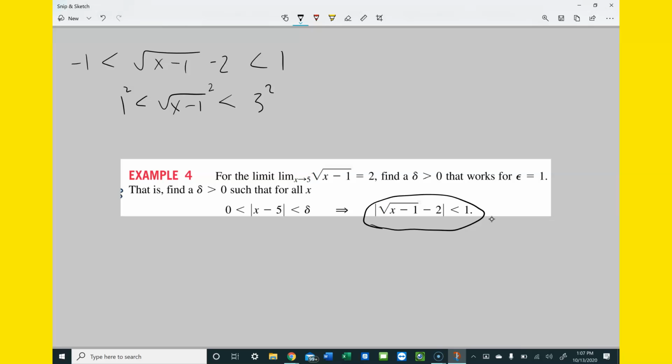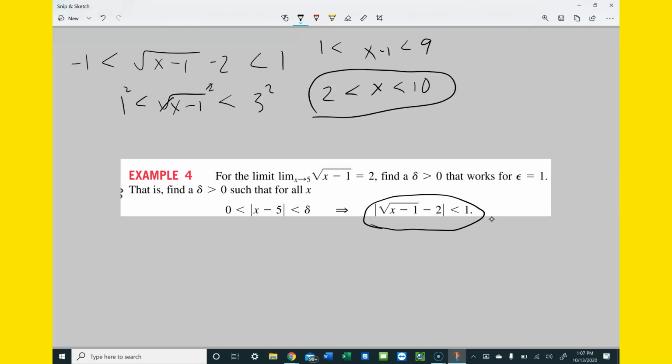That's going to give me 1 is less than the square root of x minus 1, which is less than 9. Oop, I don't have a square root anymore. Remember, it canceled out. Okay, and then I'll add 1 to all three sections now, and I will get 2 is less than x is less than 10. So I have my interval now for x.